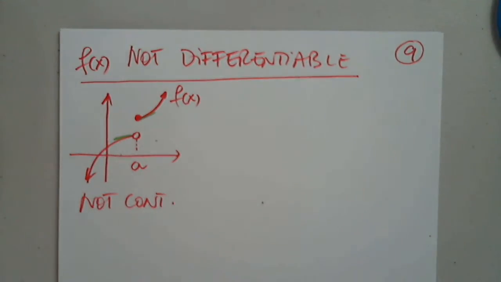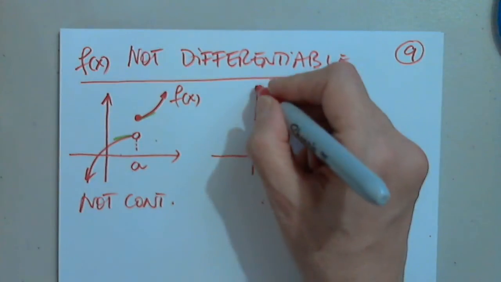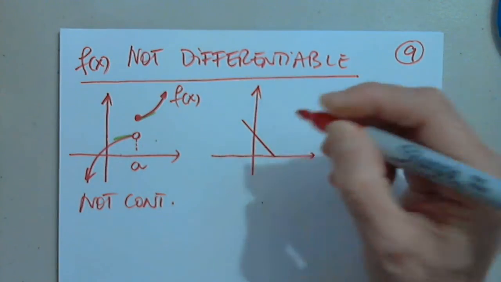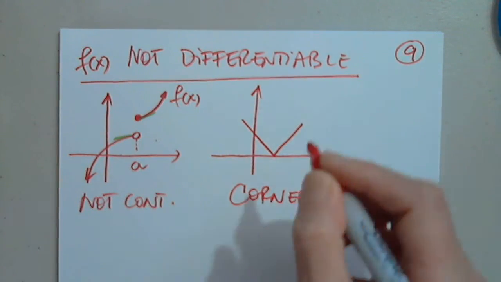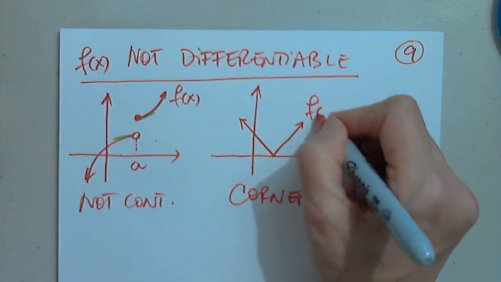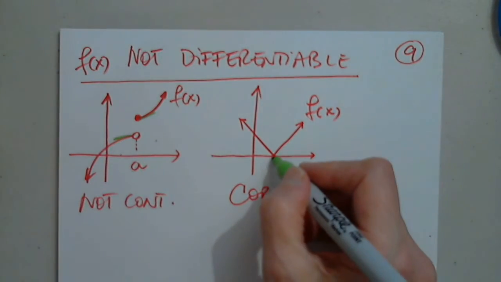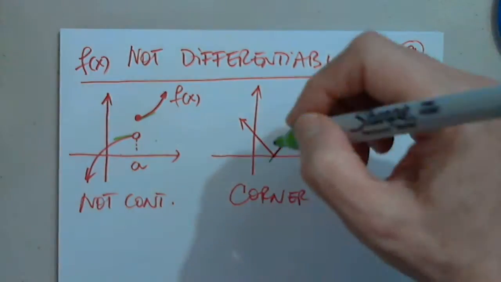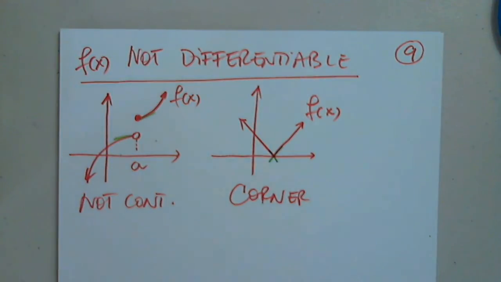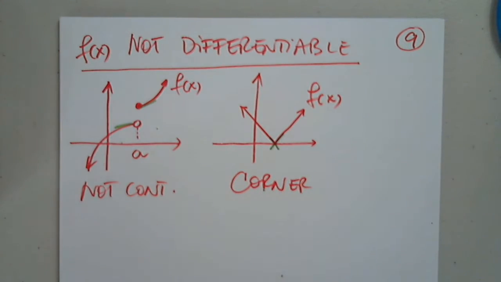Here's the second possibility, when a function does not have a derivative: a corner. Same reason. At this point, it has this tangent, and it has this tangent. It's continuous, but it has a corner.